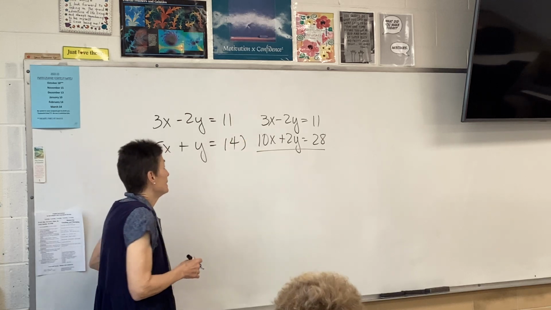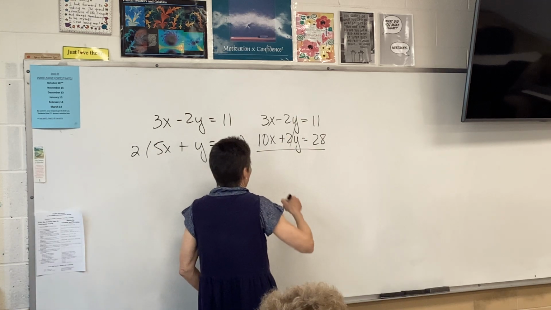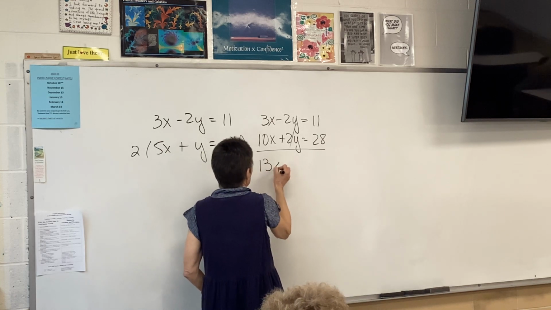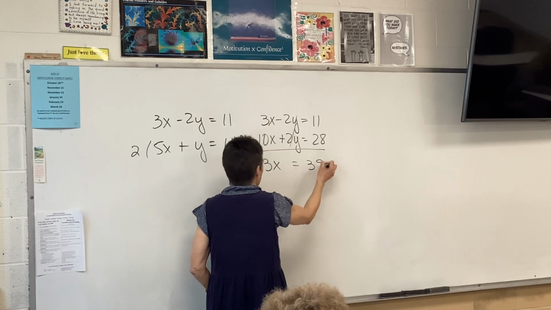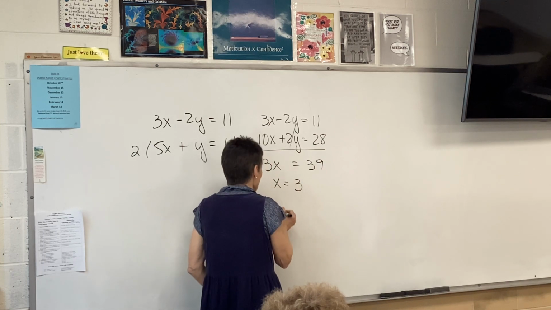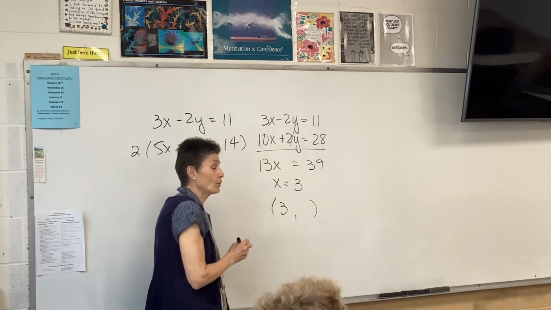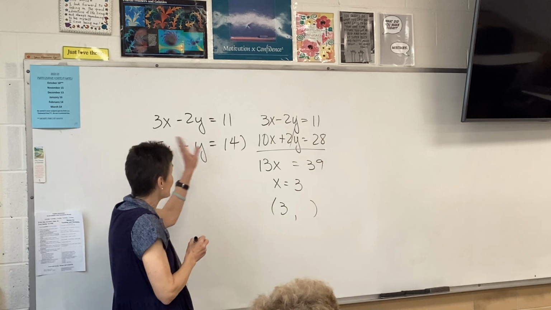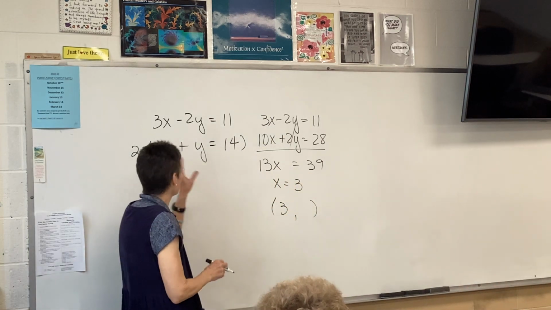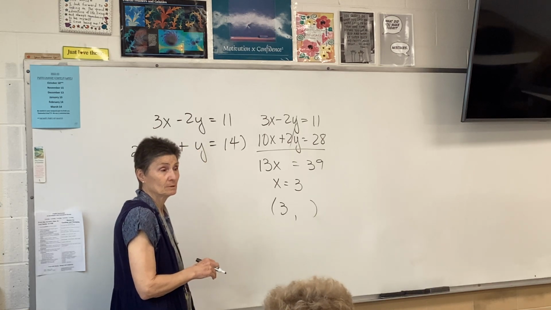Okay? Now, when I add these, those are gone. That's why he did it, to eliminate those. So 13x equals 39, so x equals 3. Your answer is going to be an ordered pair. So we're going to go back to the beginning somewhere, it doesn't matter where, and we're going to plug in 3 for our x.